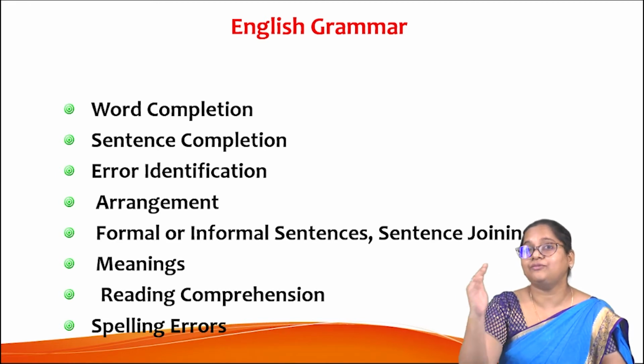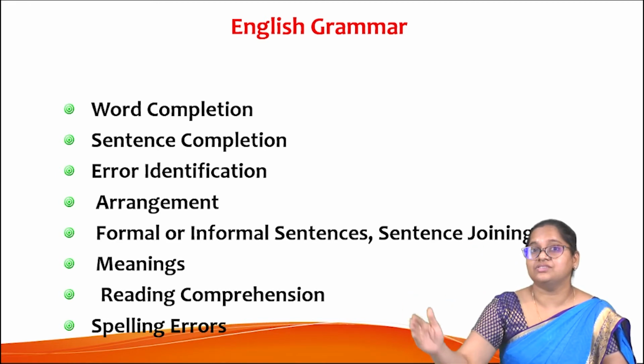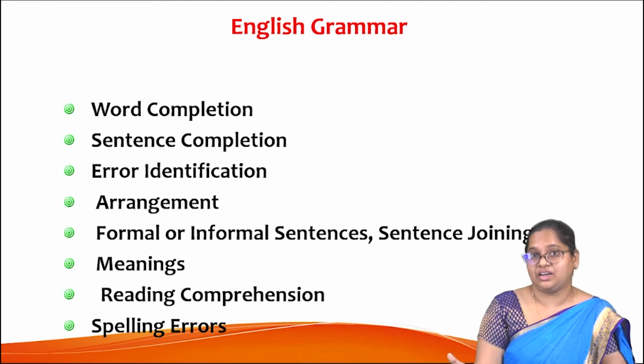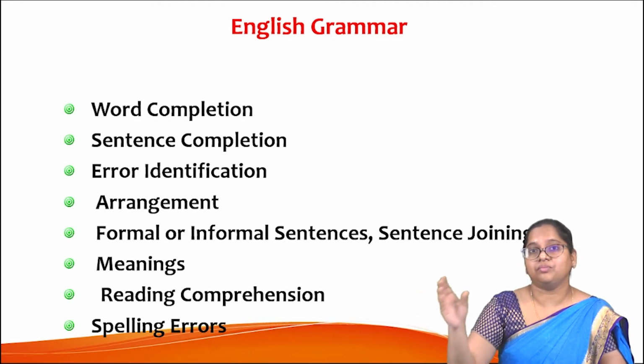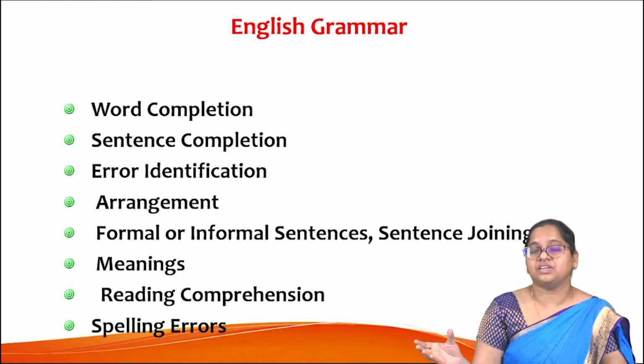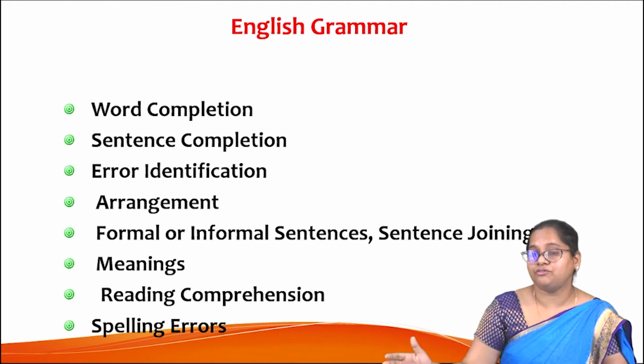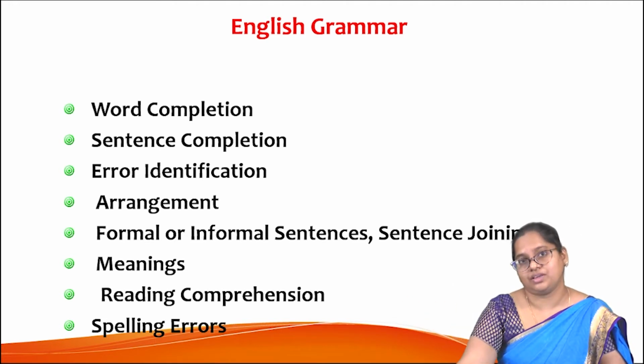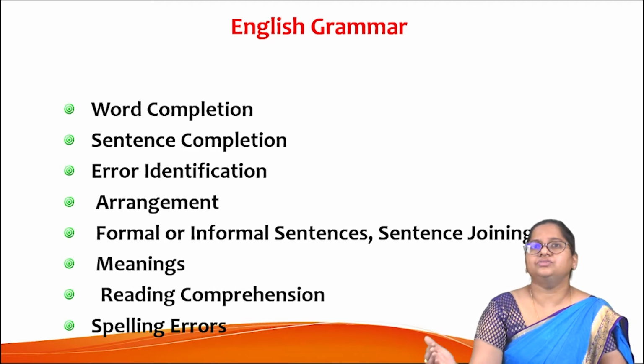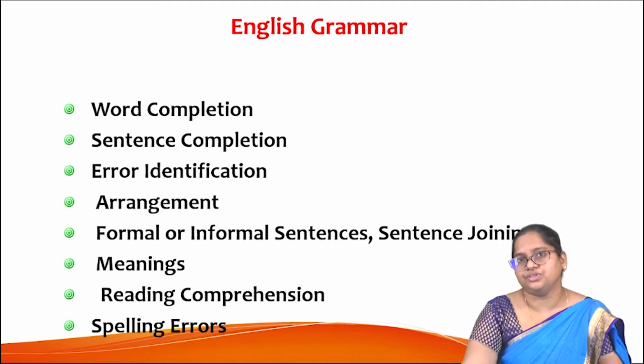Which is why you have to arrange it: David is a human being, or Mango is a very sweet fruit. Which comes first? Names, nouns, pronouns, adjectives, adverbs. Are they in proper sequence? That is important, and that is what sentence completion is all about.